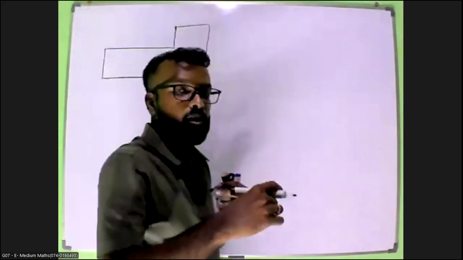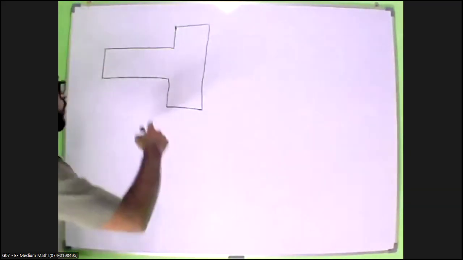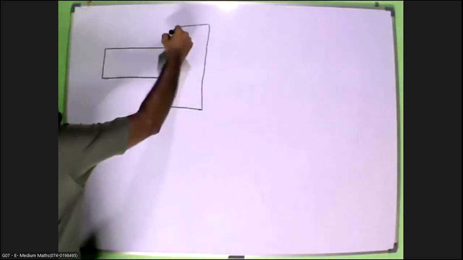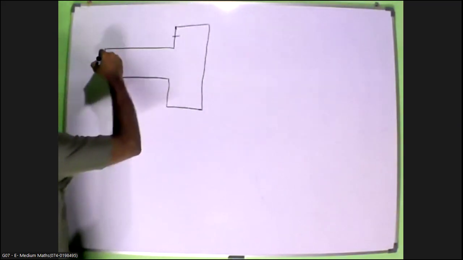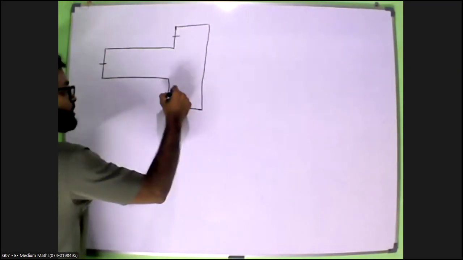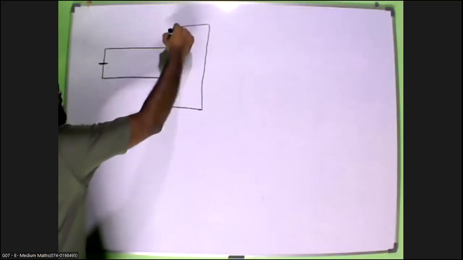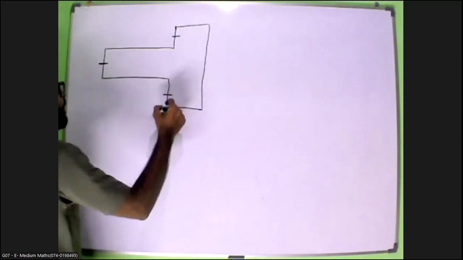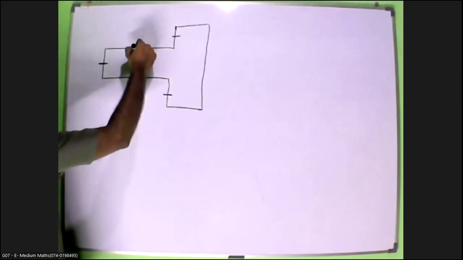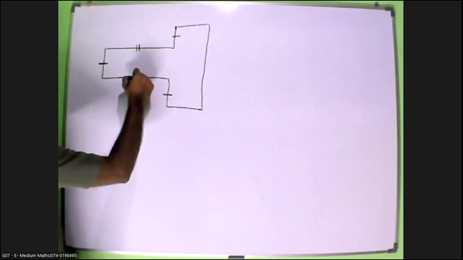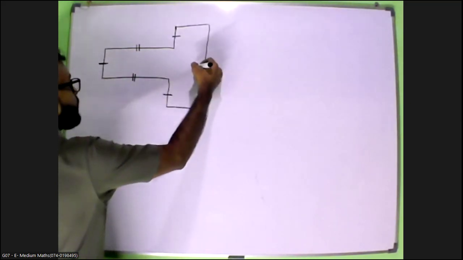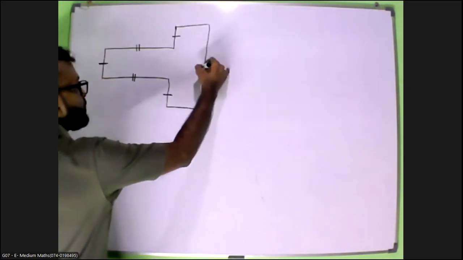It is a T shape, right? So you have to draw this, and this equal to this, and this equal to this. And this length is equal to this length, and also for this length.